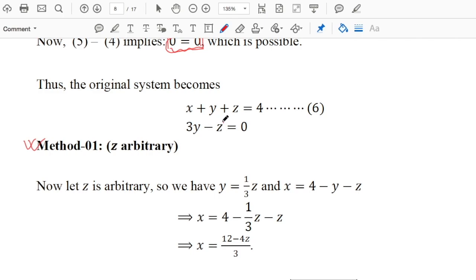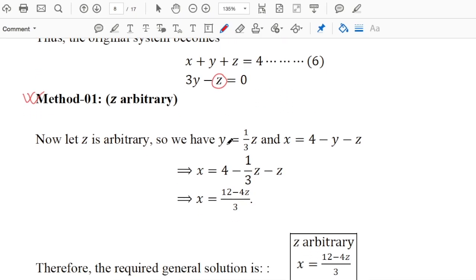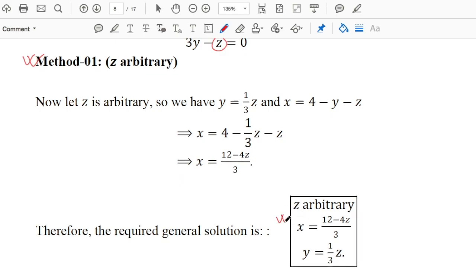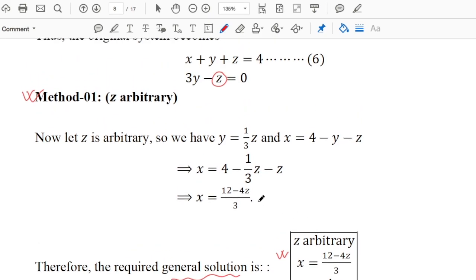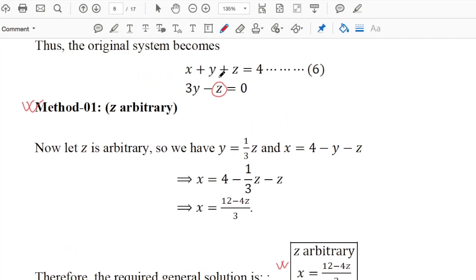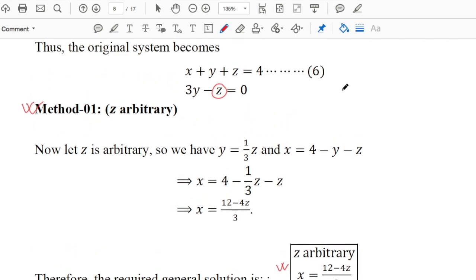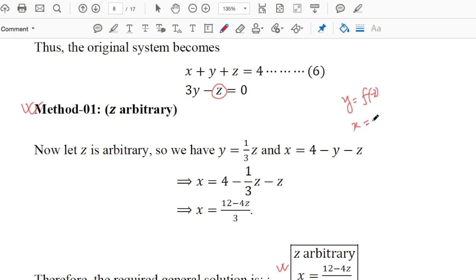When you consider z arbitrary, it means your other variables should be in terms of z, like this. And this is the required general solution of the system. Let me say it again. When you consider z as an arbitrary variable, you need to write y in terms of z and x in terms of z, since z is arbitrary.